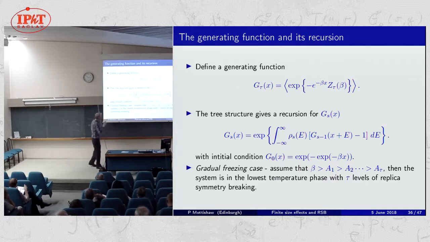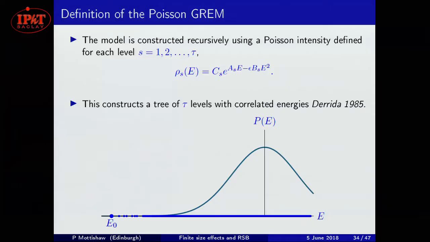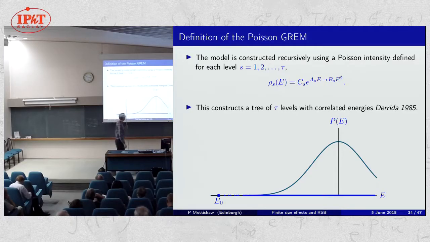And in the first case I'll talk about, where you can introduce as many replica symmetry breaking steps as you want, is where the parameter A, if anyone can remember what A was. I think I've got it, yeah. So A is, in the low temperature phase, A pretty much determines the thermodynamic limit behavior of the system.